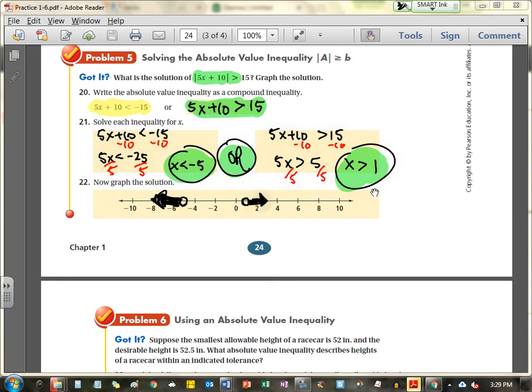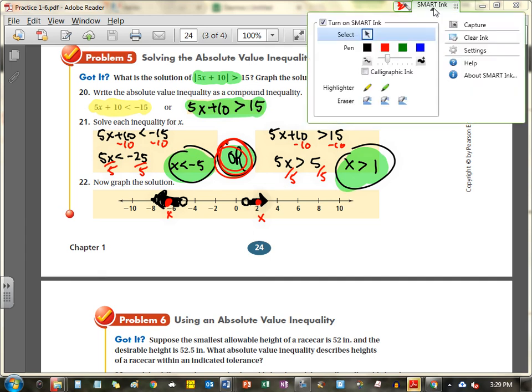So what we're claiming now is that x is basically something over here or something over here. Either x is bigger than 1, which means it's on this side, or possibly x is less than negative 5, which means it's over here. Since you can't put your finger in both places at the same time, you must use the word or, because it's two separate locations and you can't exactly put your finger on both.